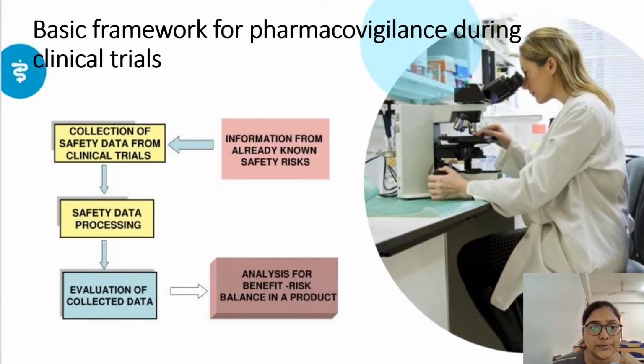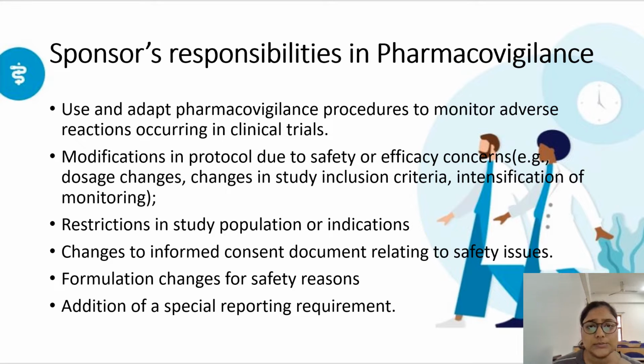Talking about the sponsor's responsibility in pharmacovigilance, we use and adapt pharmacovigilance procedures to monitor adverse reactions occurring in clinical trials, modifications in protocol due to safety or efficacy concerns like dose changes, changes in study inclusion criteria, intensification of monitoring, etc. Then restrictions in study population or indication, all are responsibilities of the sponsor.